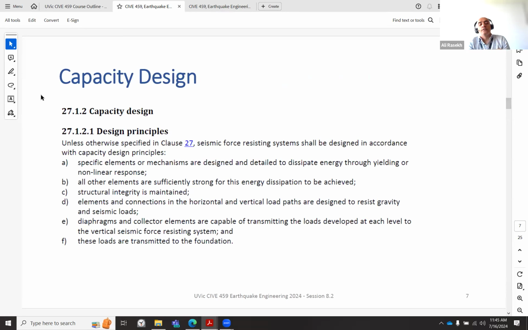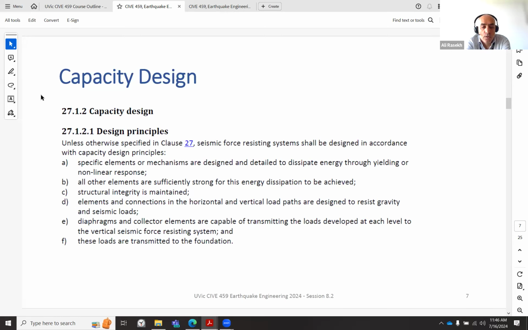The important discussion shows up again on capacity design, how we protect the non-ductile members. Unless otherwise specified in Clause 27, seismic force resisting systems shall be designed in accordance with capacity design principles. So the capacity design principle should always be in your mind, which means specific elements or mechanisms are designed and detailed to dissipate energy through yielding and nonlinear response.